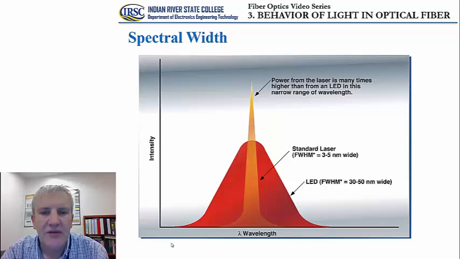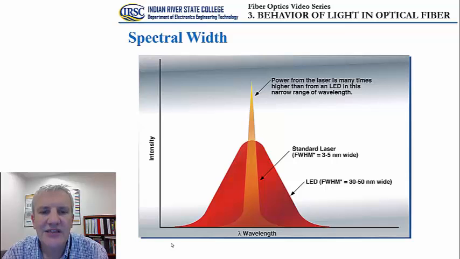So the spectral width of a standard laser is much lower, and the fact that we are transmitting a smaller range of optical wavelengths would basically mean less dispersion being introduced during the transmission of the signal using this type of light source.